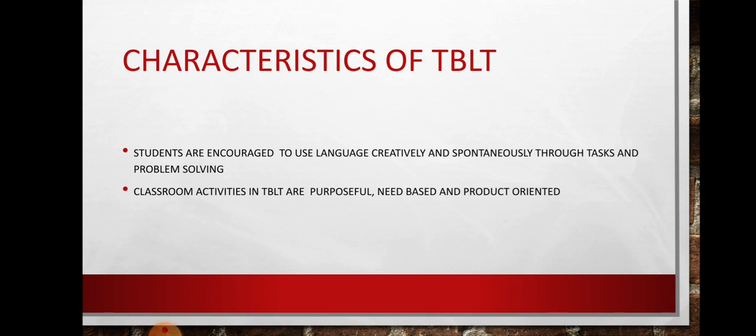And you have to be aware of whether the students are engaged in the task-based procedure or not. It should have its purpose, be based on need, and be oriented toward the product. So now let's move to the next slide.